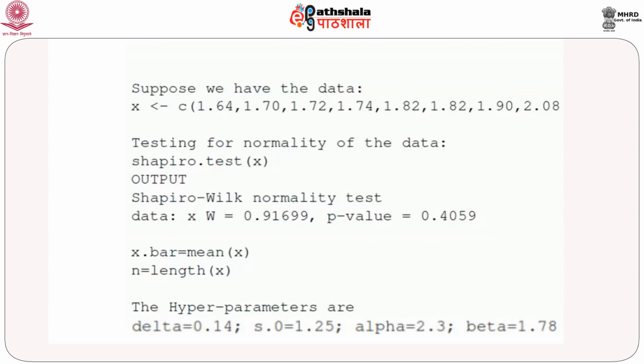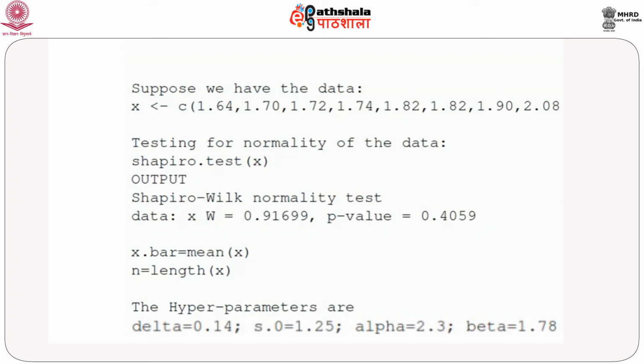For that, we use the R command Shapiro.test followed by the observational vector x, and for the given data we have as our output of the Shapiro-Wilk test that the p value is 0.4059. This supports that the data actually comes from a normal distribution. We also find the mean of the data and the number of observations for our given data.